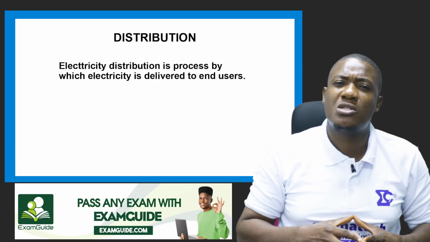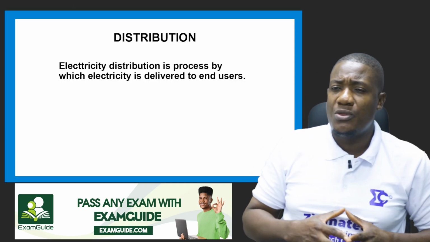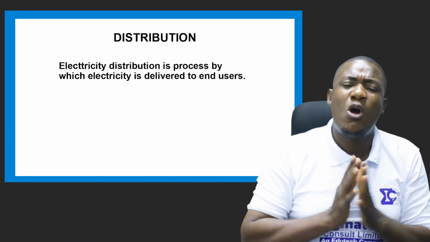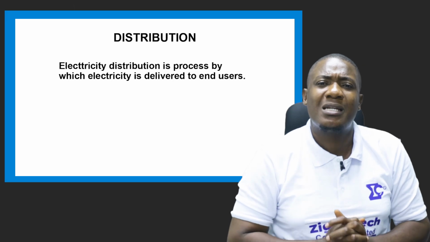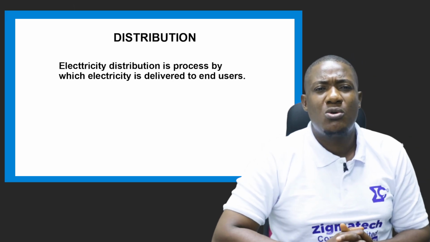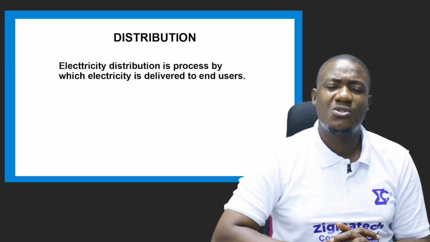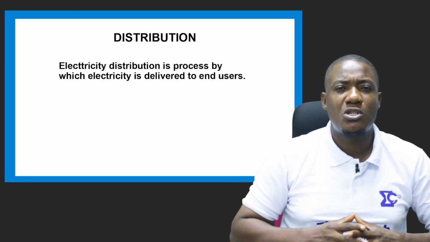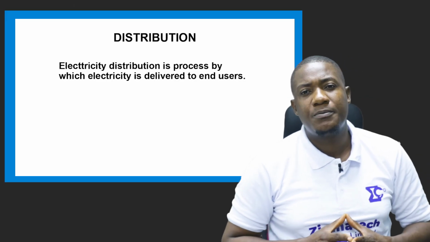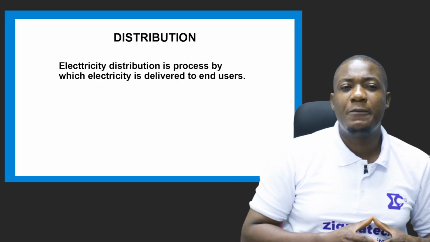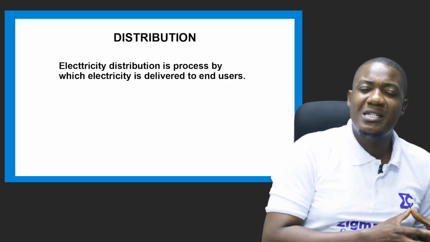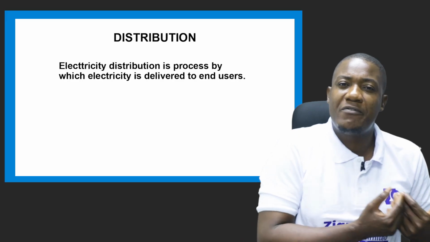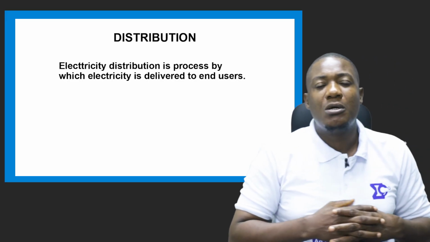In that distribution station, this electricity that is at very high voltage, we can have up to 330,000 volts of generated electricity. Now, in the distribution substation, it will be stepped down. Some of them will be stepped down to different voltages. For example, we can have it at 11,000 volts.